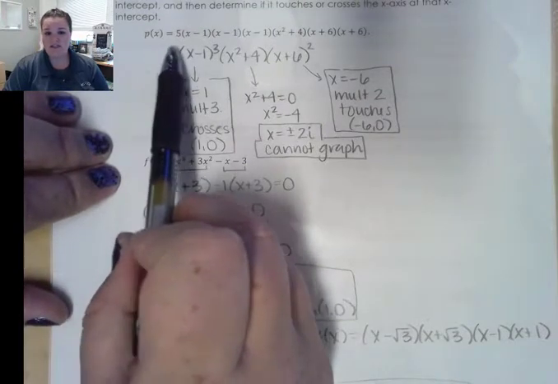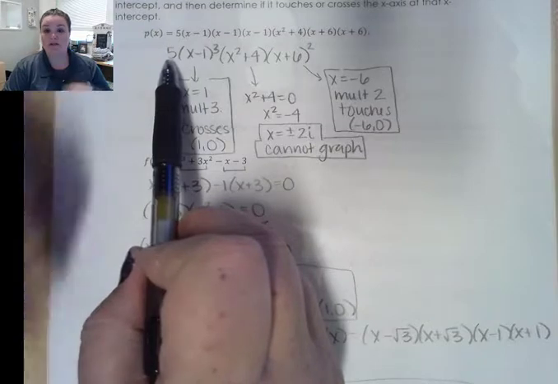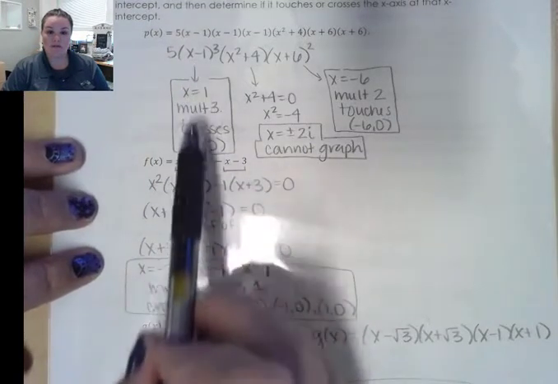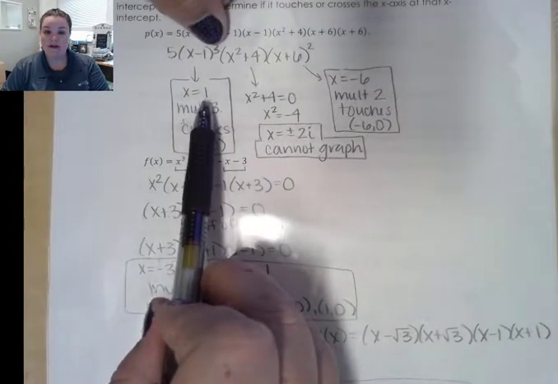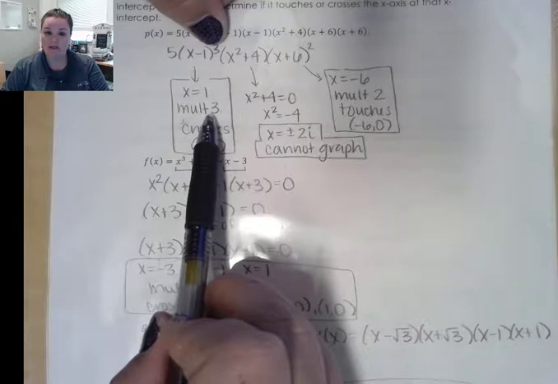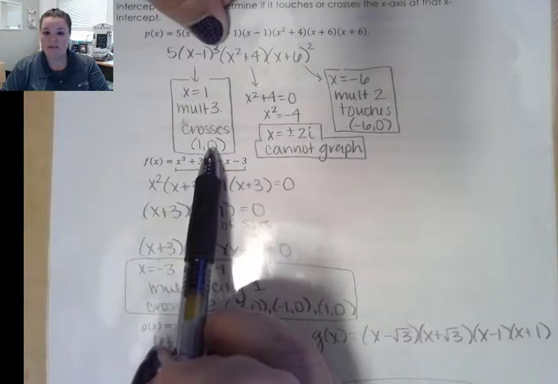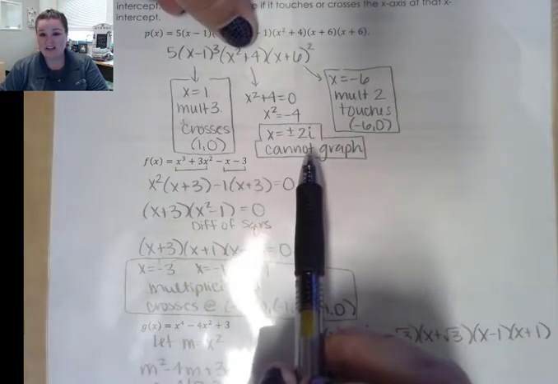So this is actually just going to be a vertical stretch of the graph, not actually something that's going to produce a 0. But when I set x minus 1 equal to 0, I get a positive 1. It came from a cubed factor, so its multiplicity is 3, which means it crosses at that x-intercept, which would be 1, 0.